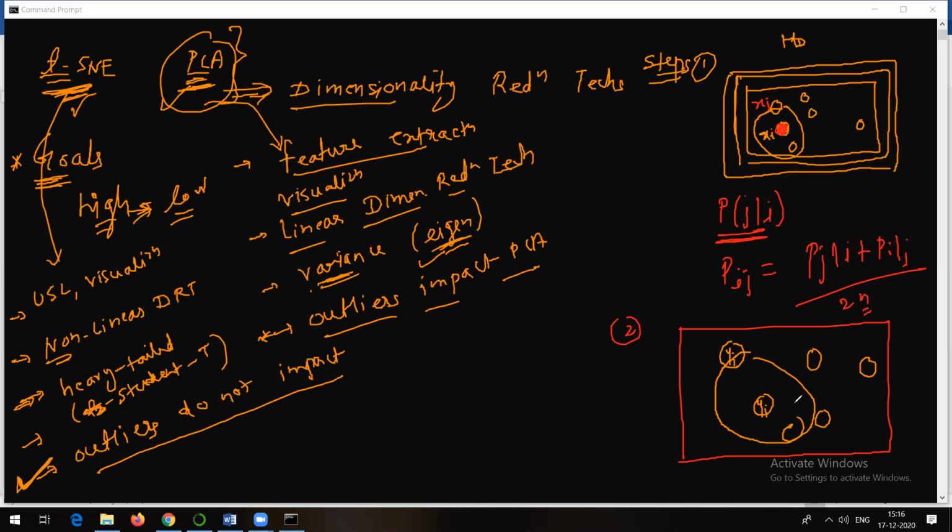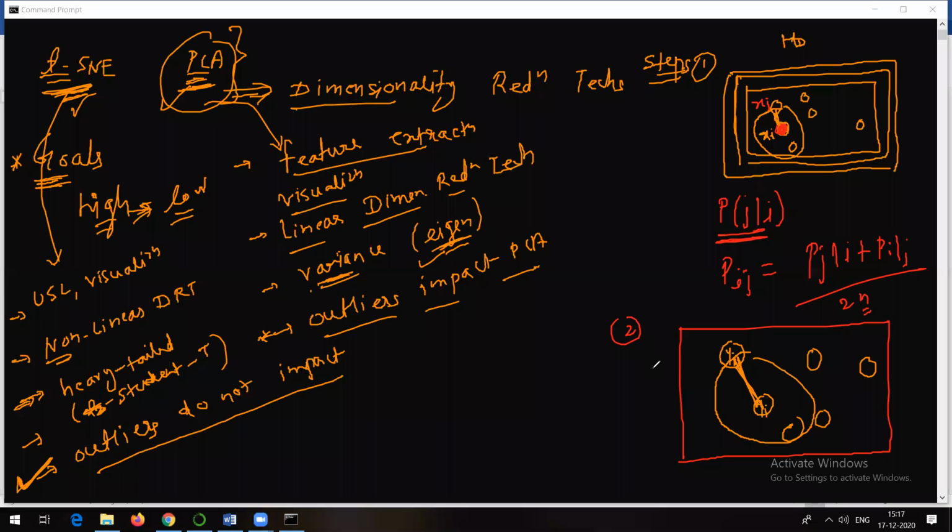So this is the data in low dimensional space. yi and yj are the low dimensional counterparts of the high dimensional data points xi and xj. Whatever xi and xj were, their low dimensional counterparts are now yi and yj. Then we compute the conditional probability here.